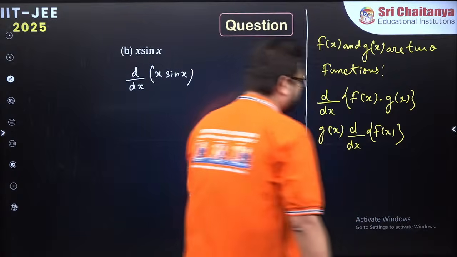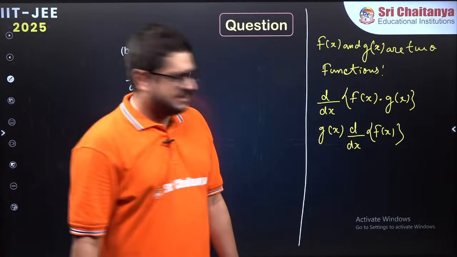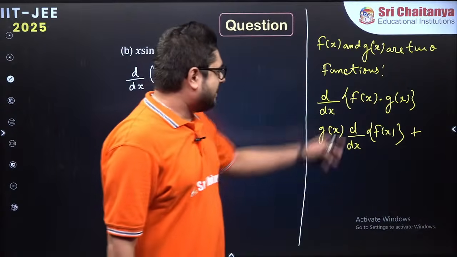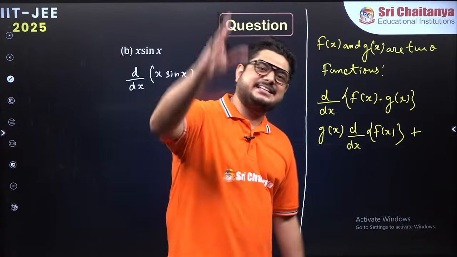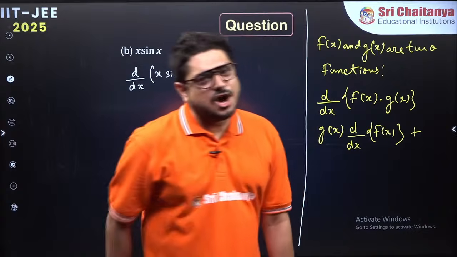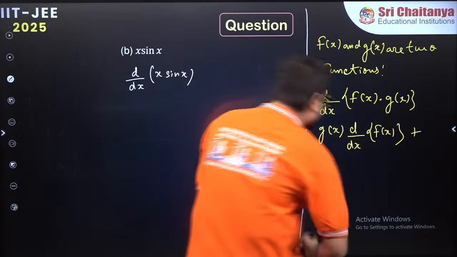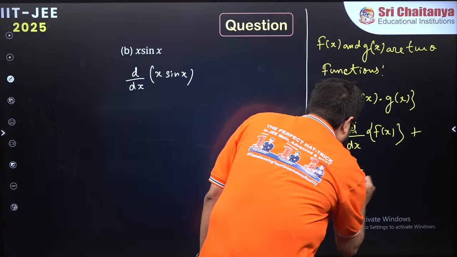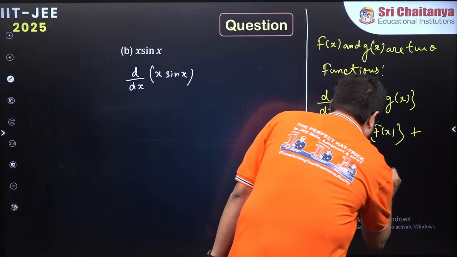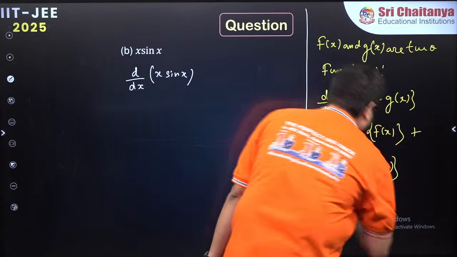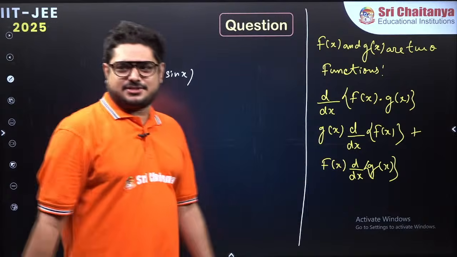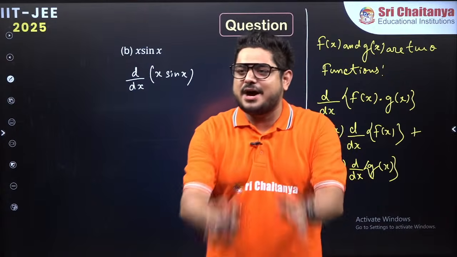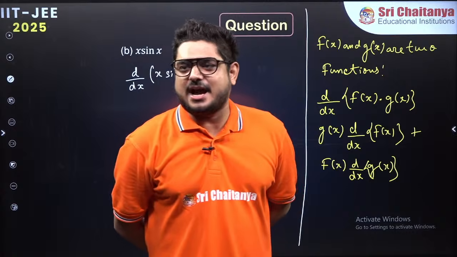So d by dx of f(x) into g(x), plus now you need to choose the g(x) to be variable and the f(x) needs to be chosen as a constant. So I can write it down over here as f(x) into d by dx of g(x).